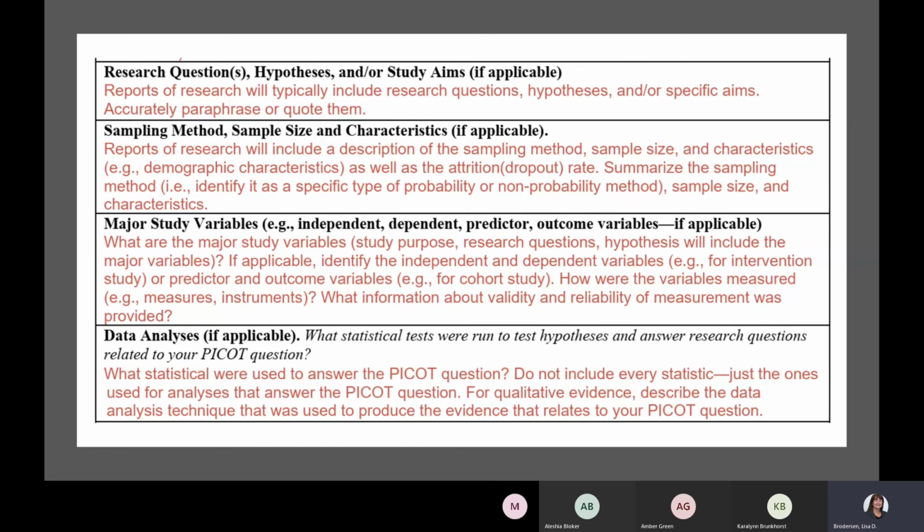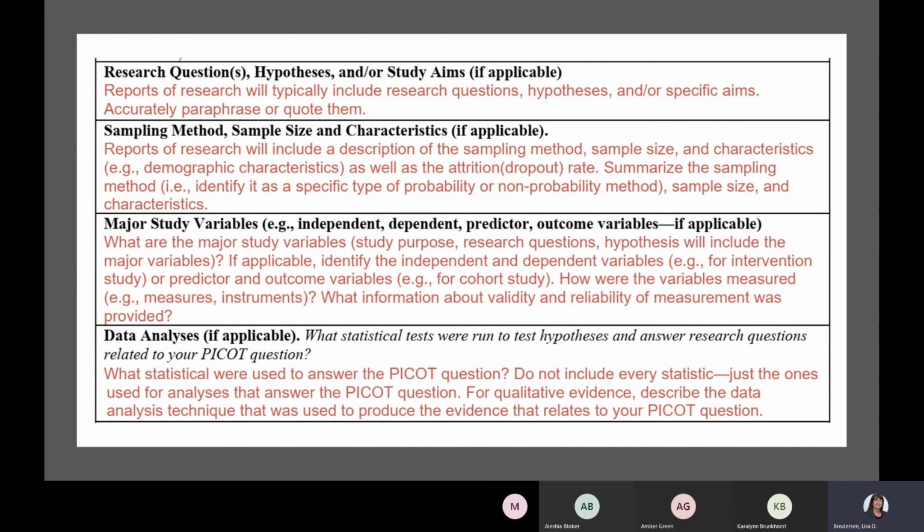The two major categories are probability sampling and non-probability sampling. Most studies do not use probability sampling because that requires that you have access to the entire population, and that you can take a sample of participants from that population.